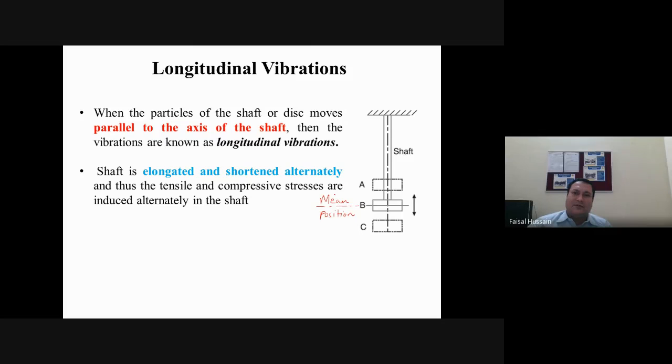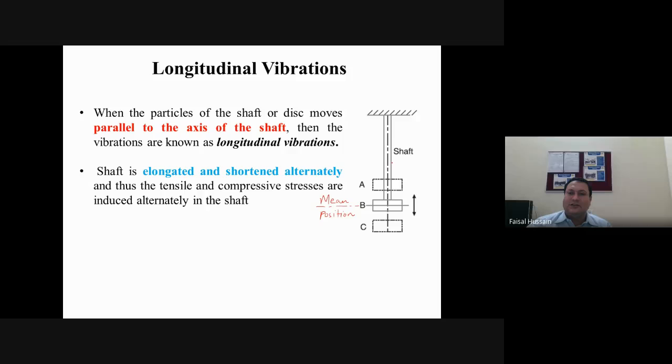Take the example of a spring mass system. When we apply the force and release, the spring will elongate and it will deform. The particles of that system move parallel to the axis of the shaft, and the vibrations which are set up are known as longitudinal vibrations.